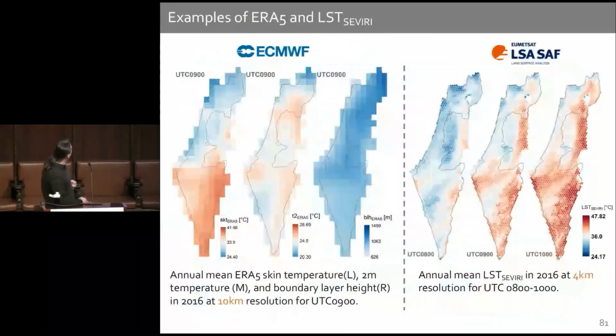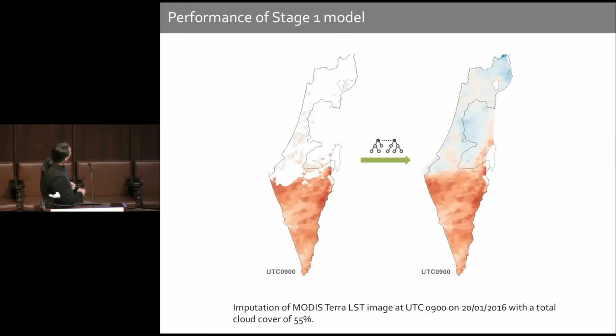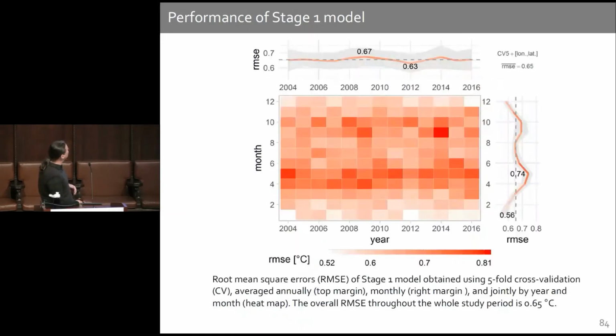daily surfaces. I thought I had an example here, but allowing us to reconstruct daily surfaces of LST imputed data from MODIS, again, to allow us to have more computationally efficient models. And this is the example I was talking about. This is an example of a MODIS LST product where we impute and create these daily surfaces.